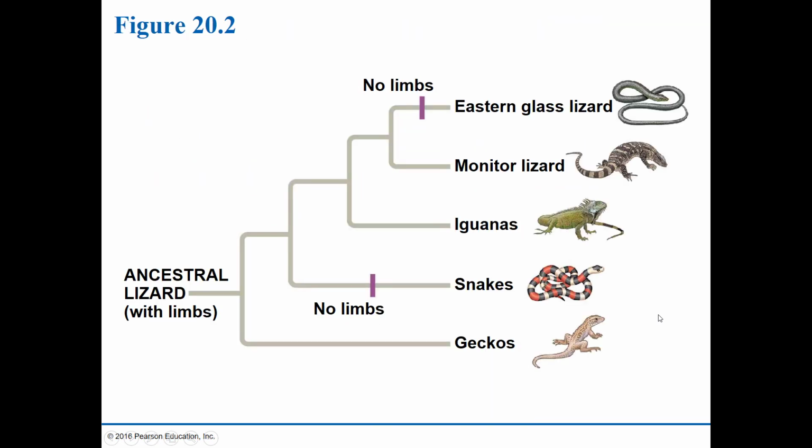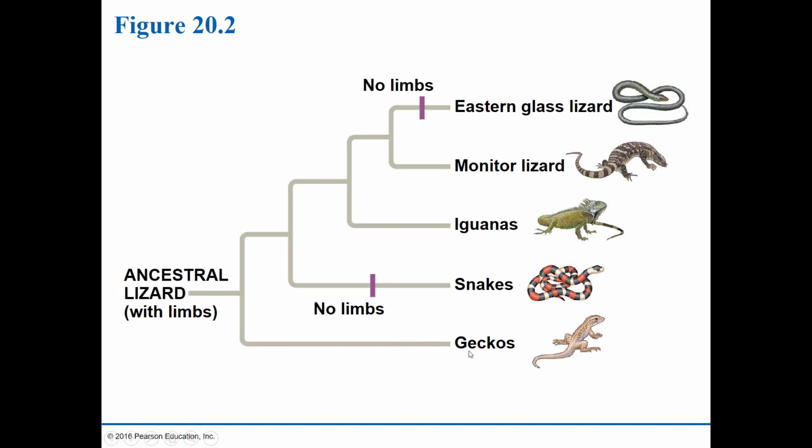And so if you look at a phylogenetic tree here, you can see that this ancestral lizard with limbs is an extinct animal, doesn't exist anymore. But at this point here, it starts to branch off and make different, what we call clades. We'll talk about this a little bit more. Different groups.